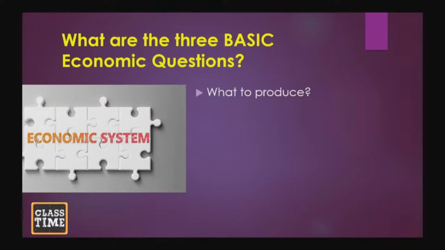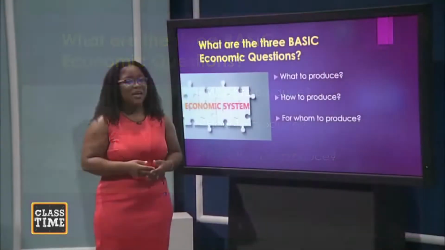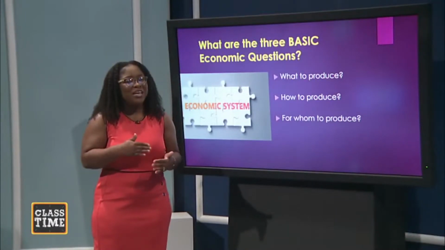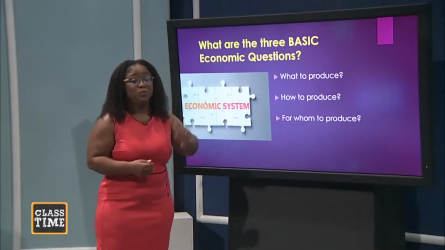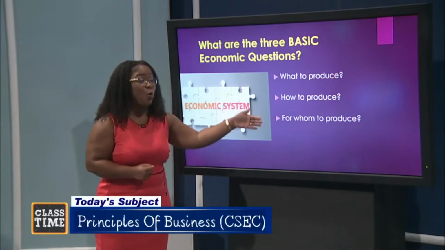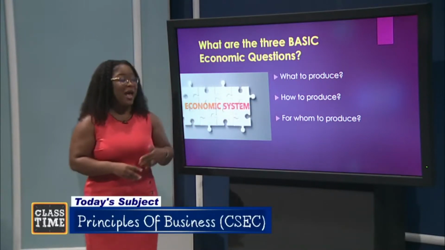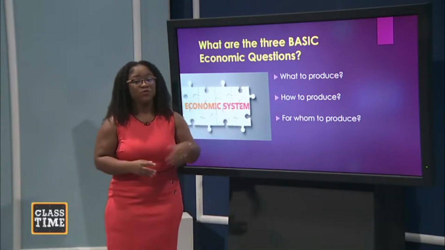What is it that we're going to produce for the economy? How are we going to carry out that production? And for whom are we producing? As we go throughout this lesson, for each economic system, we will identify how each system decides what to produce, how they decide how to go about that production, and for whom to produce.